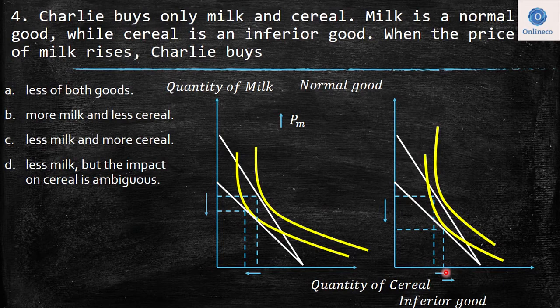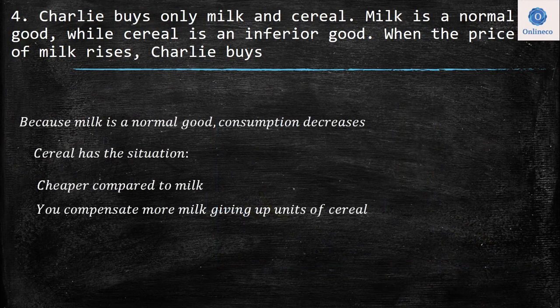So depending on which movement is higher, the income effect or the substitution effect, at the end of the day we can learn what the change in the other good should be. In this one it is ambiguous, because the cereal consumption will decrease or increase depending on the shape of the indifference curves.